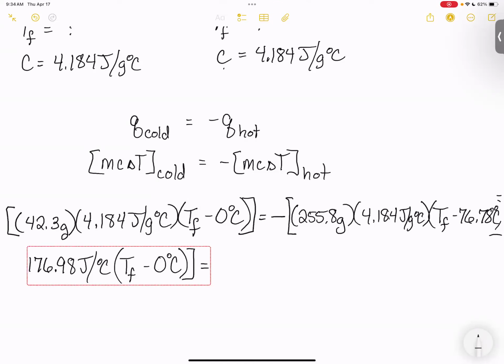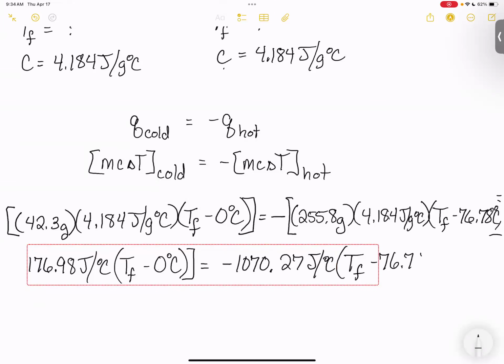That's equal to, I multiply a negative 255.8 times 4.184, and I get a negative 1070.27 joules per degree Celsius times T final minus 76.78 degrees Celsius.